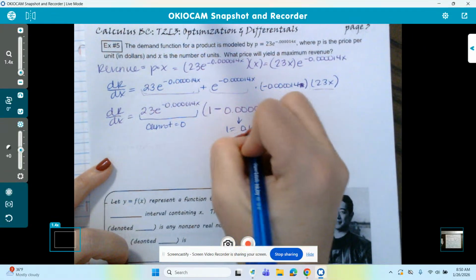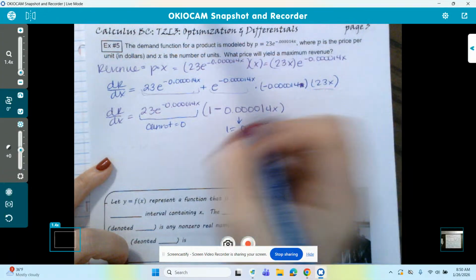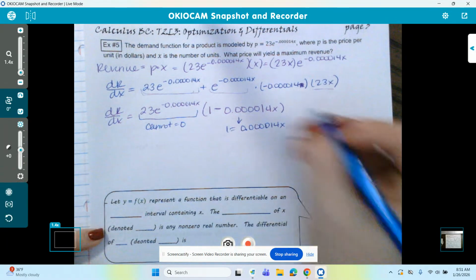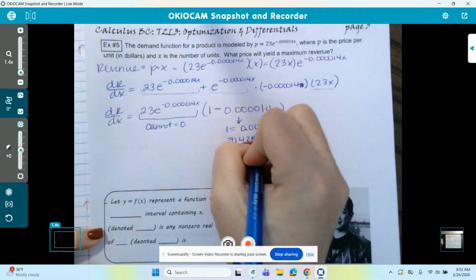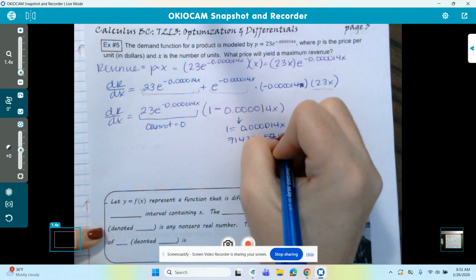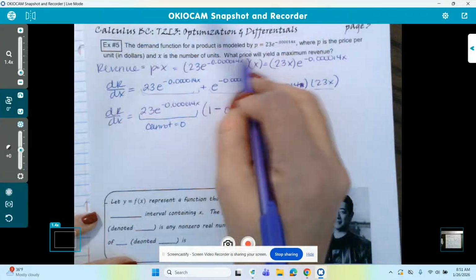So 1 is going to equal this long number, and then that's going to give me 8,103.4570 as our x.